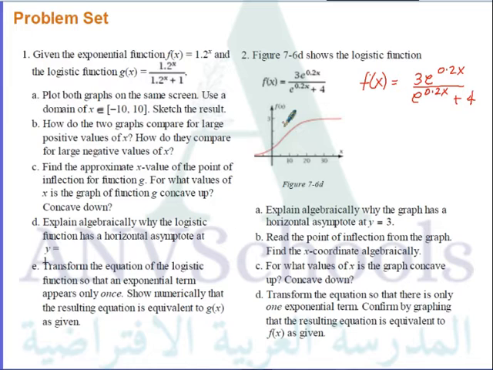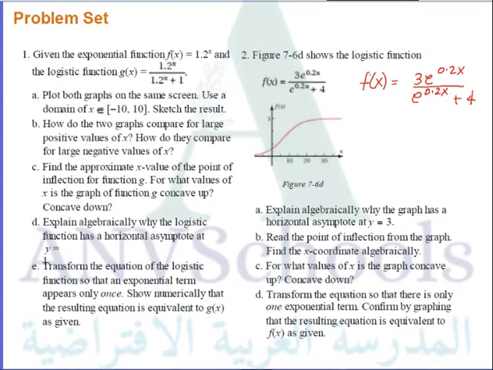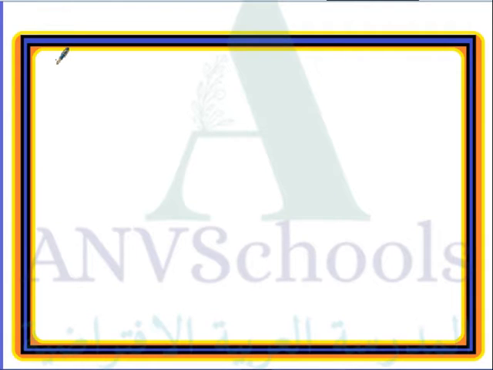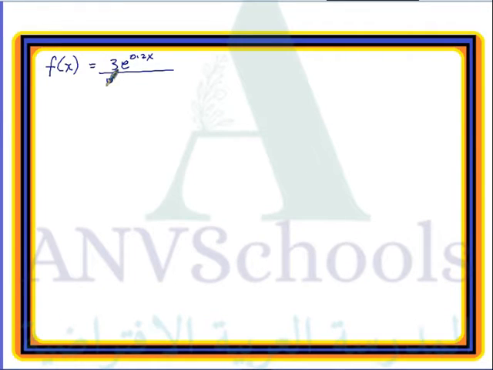So letter A, explain algebraically why the graph has a horizontal asymptote at y is equal to 3. Starting with the original function, f of x is equal to 3e^0.2x over e^0.2x plus 4.